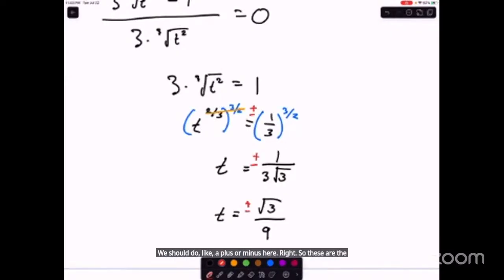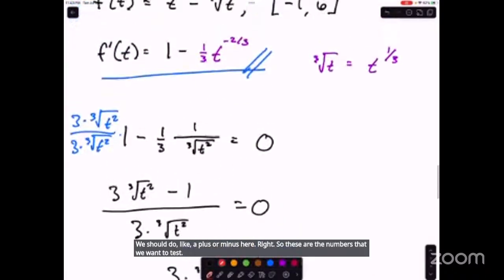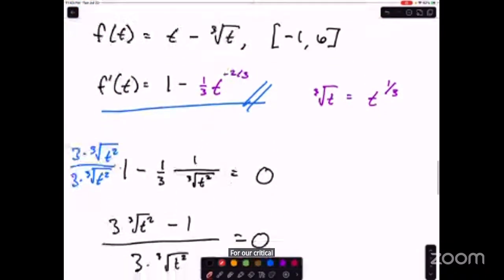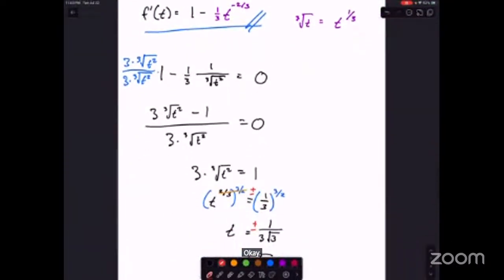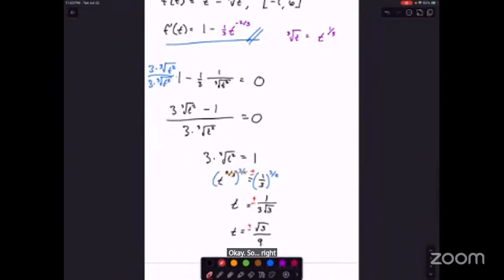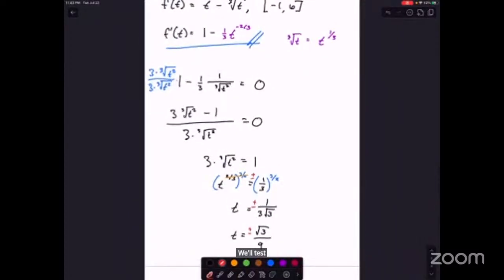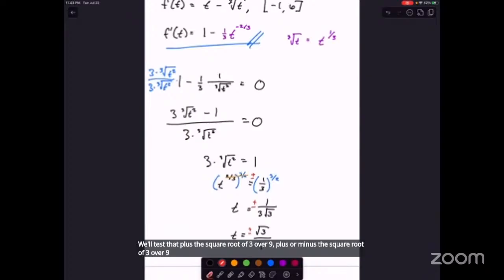So these are the numbers that we want to test for our critical value. So that's our derivative, okay? We'll test plus or minus the square root of 3 over 9 into the first derivative.